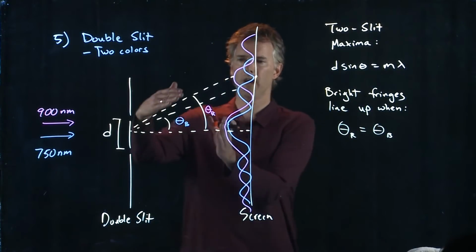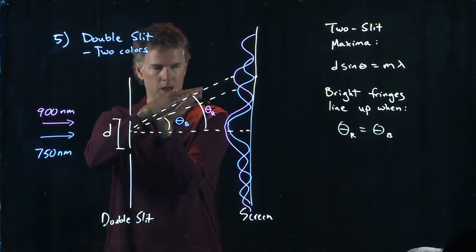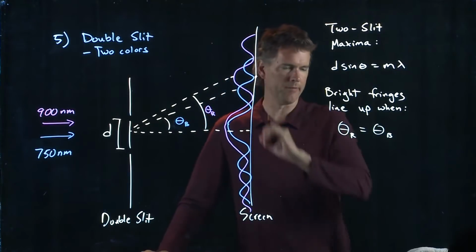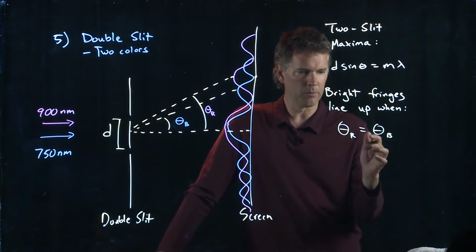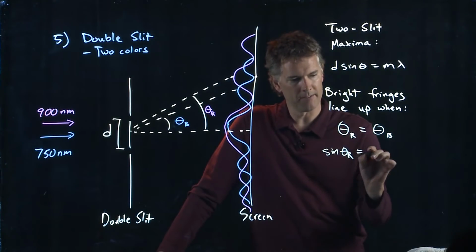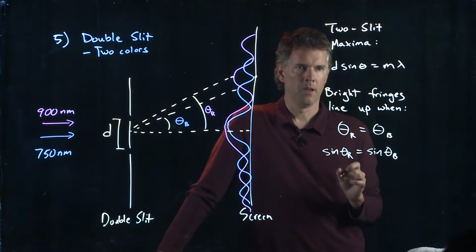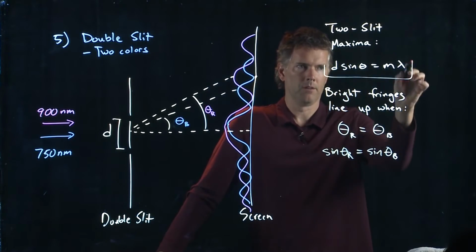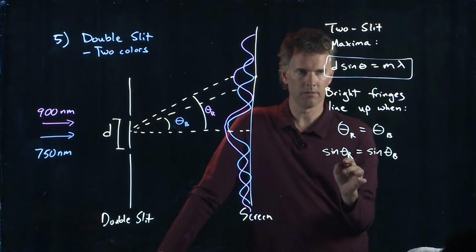Okay? When those two angles line up somewhere, then they are going to overlap the bright fringes up there. If theta r equals theta b, then sine of theta r has to equal sine of theta b. But if I look at this equation, I know exactly what sine of theta is.